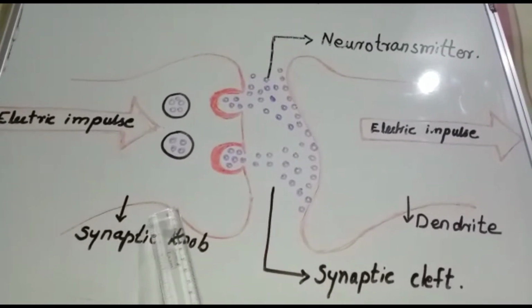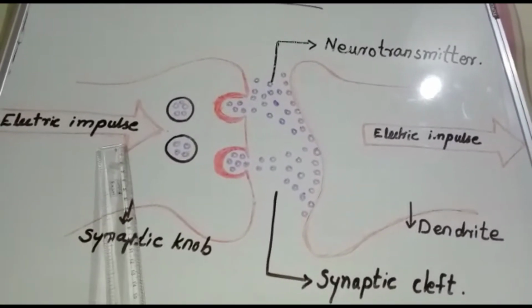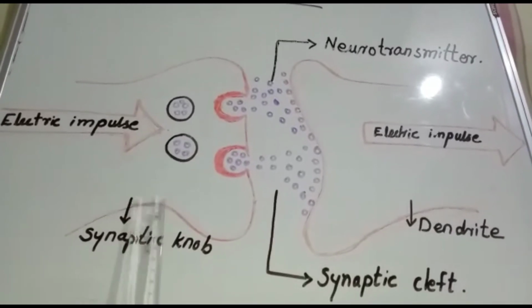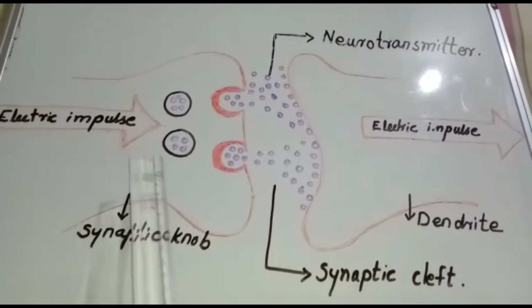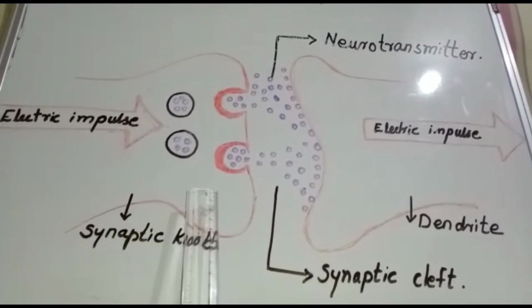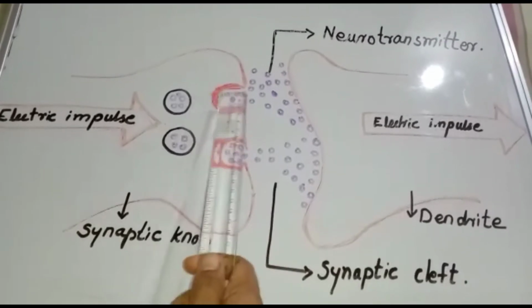So when electric impulses from the axon reach the synaptic knob, they secrete certain neurotransmitters. These are neurotransmitters.